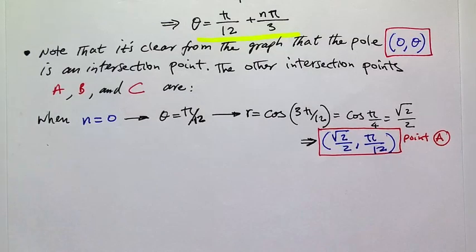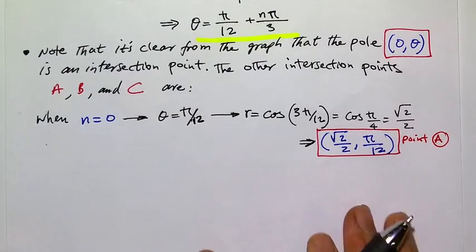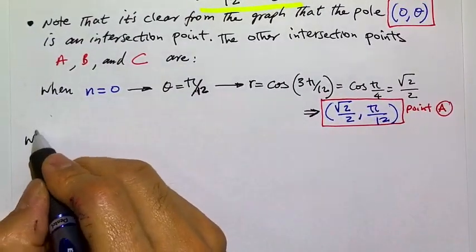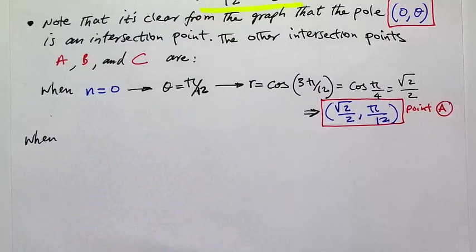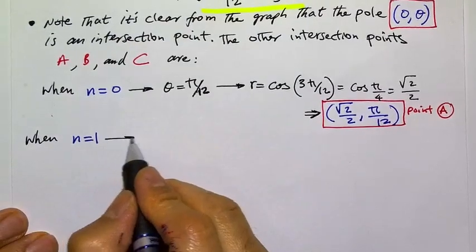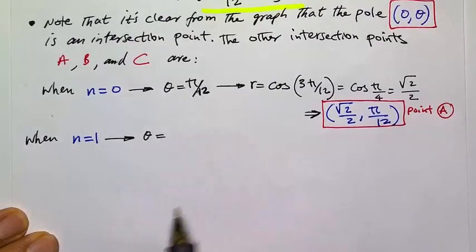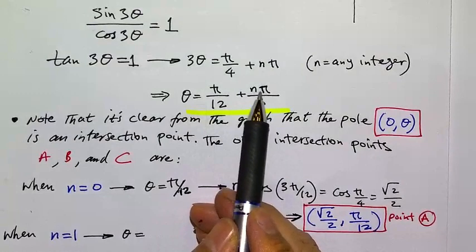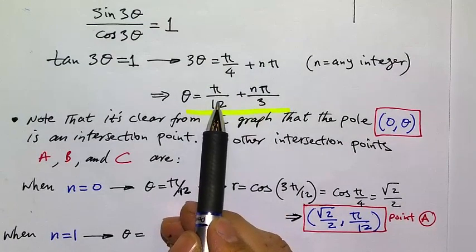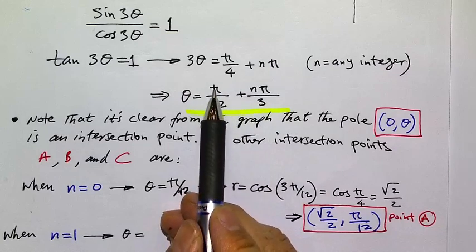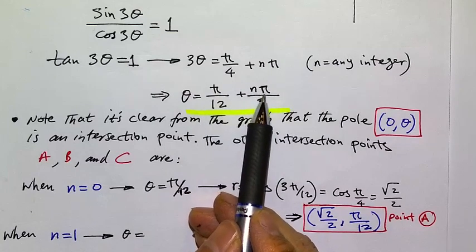Okay, so when n equals 1, then theta is, what is theta equal? If n equals 1, we get pi over 3 plus pi over 12. Common denominator would be 12, so 4 pi plus pi.